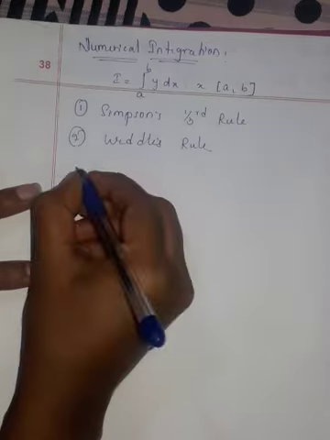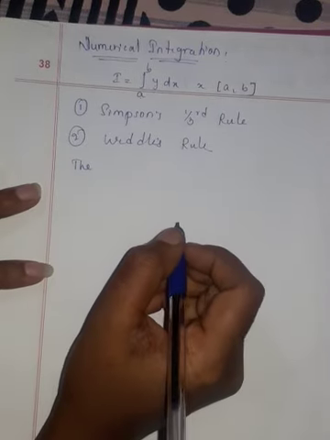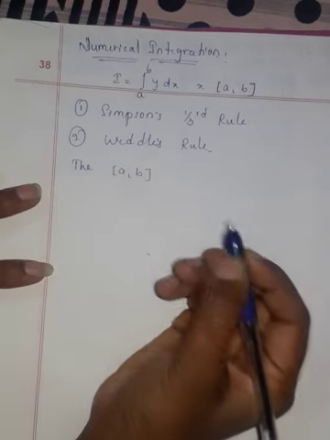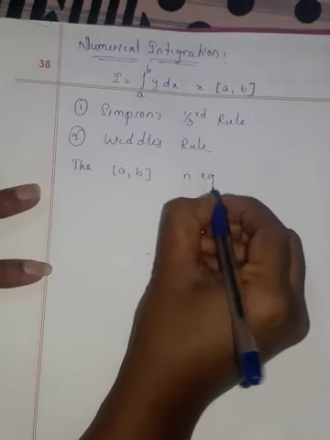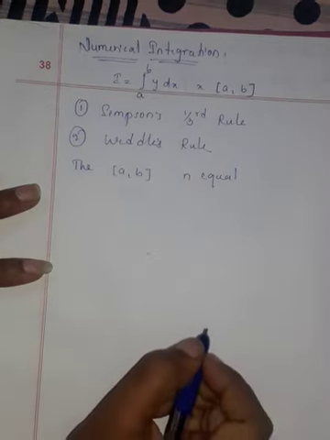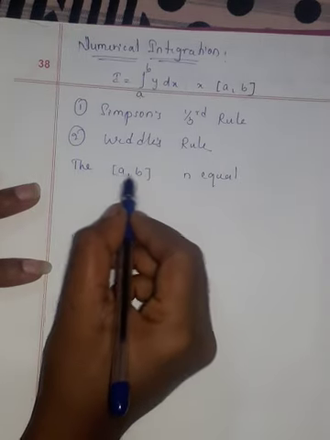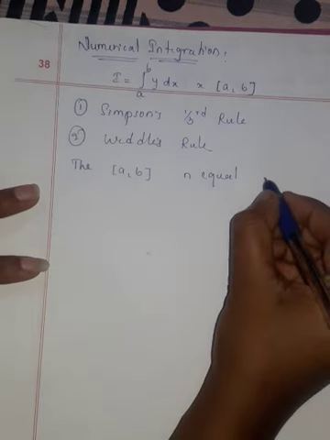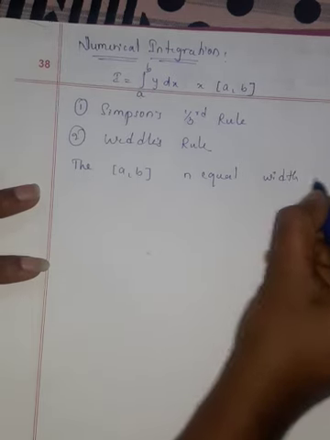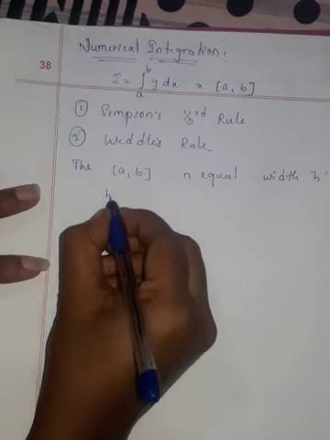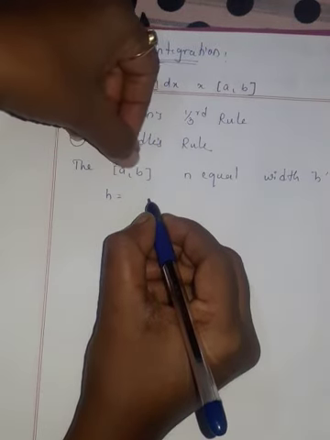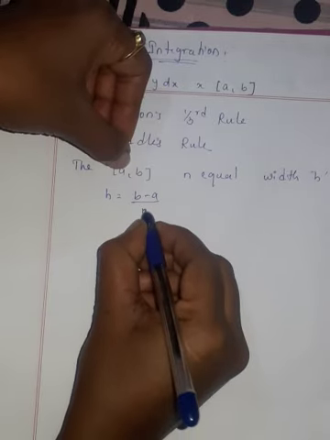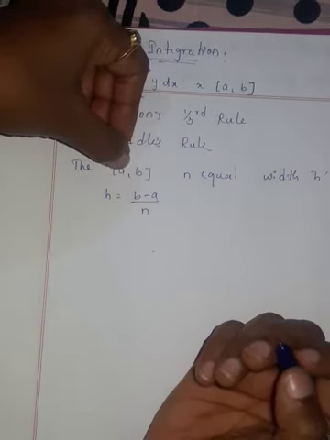So first, we divide the interval a comma b into n equal parts with width h. So this h is nothing but the difference between the points b and a, that is b minus a divided by n, the number of parts.